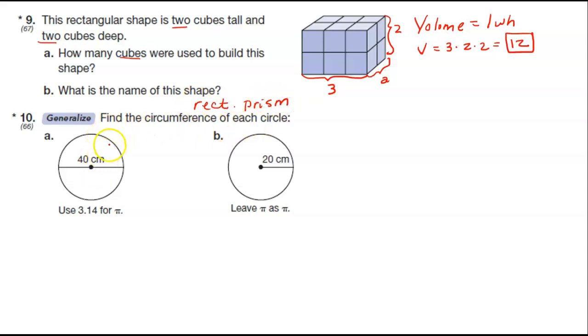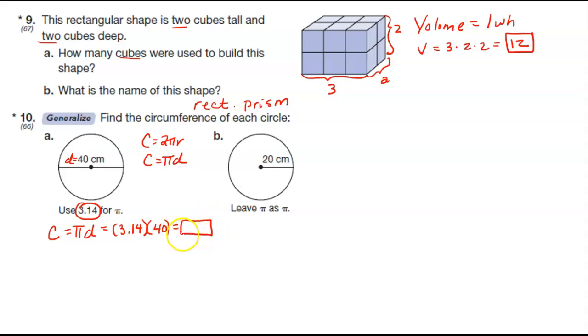All right. Circumference. So we know we have 2 formulas for circumference, 2 pi r and pi d. In this first problem, we're given diameter. So we're going to use pi d, and it says to use 3.14 for pi. 3.14 times 40 is equal to your answer.